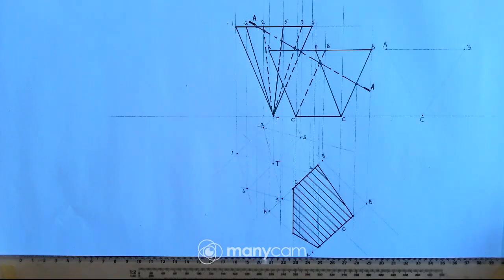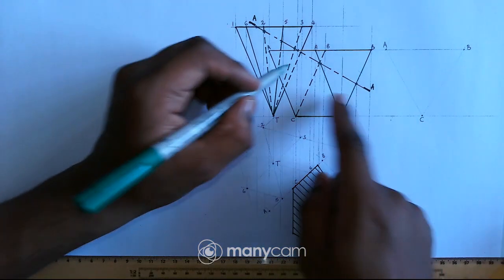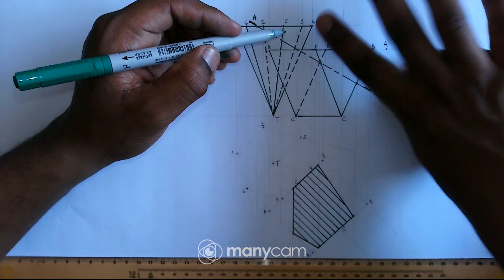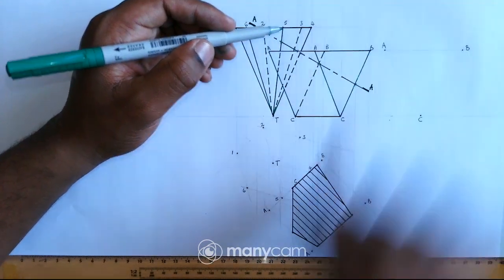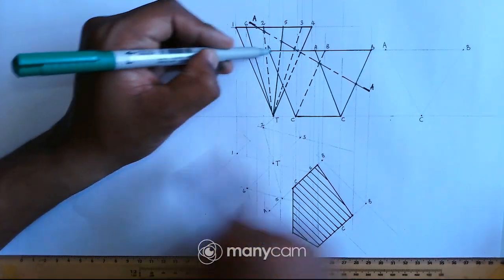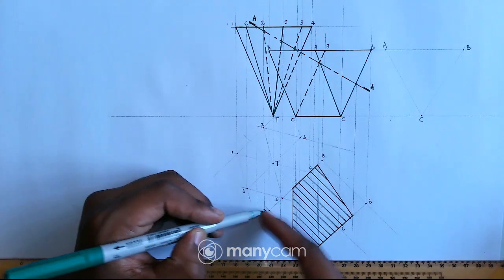So okay, this is the cut surface, and then now I'll have to add the remaining part of the solid, because remember we've cut out this part, that section. We are left with this lower section. We still have that section there, so this section is right there.